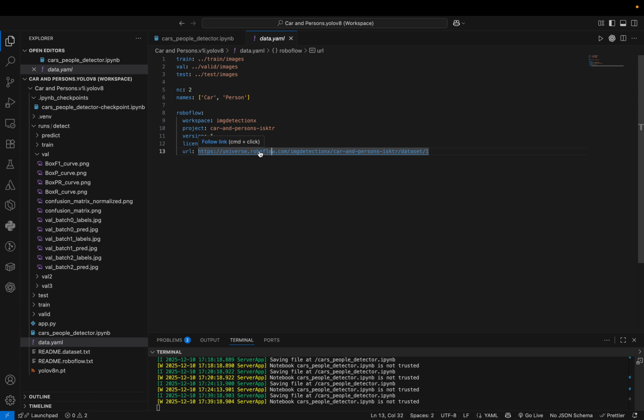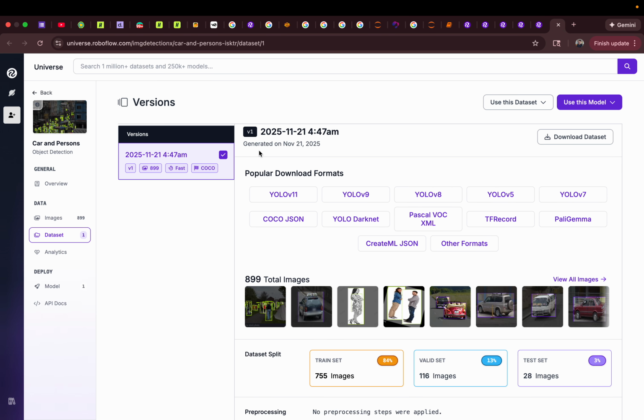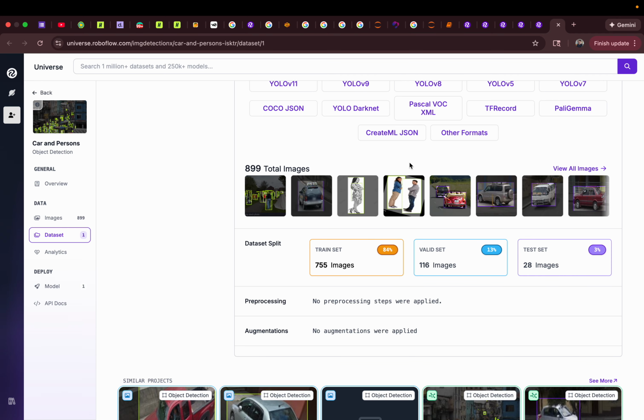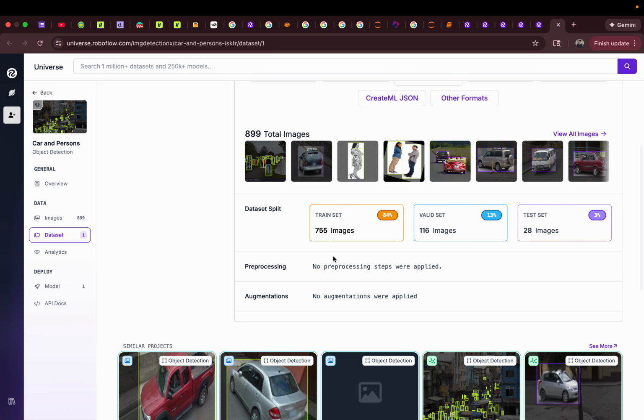So just to see the overview, the training set had 84% of the data set, 13% validation set images, and 3% of the test images.